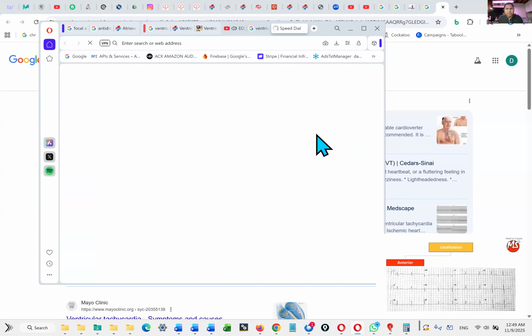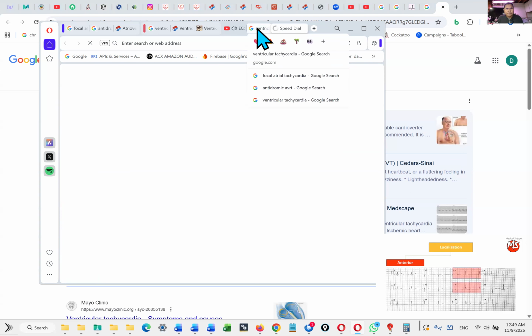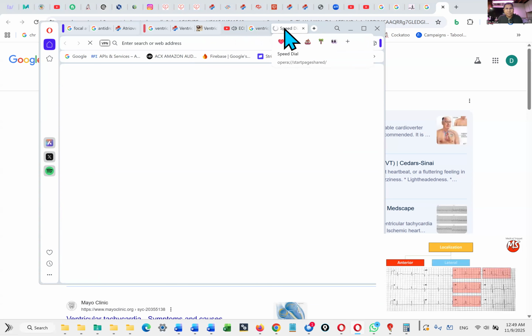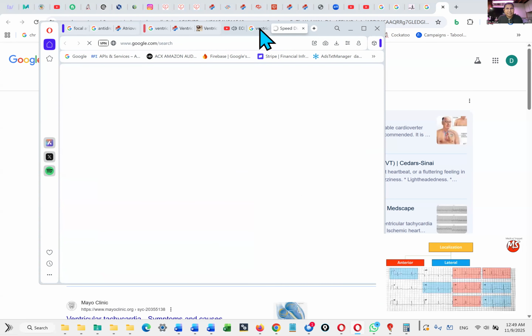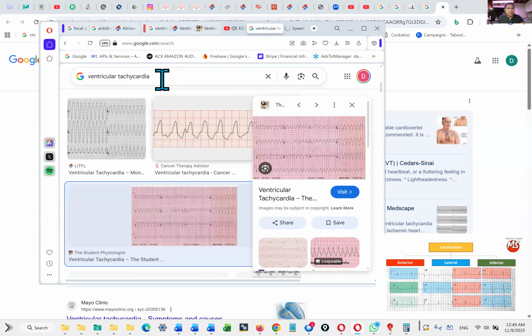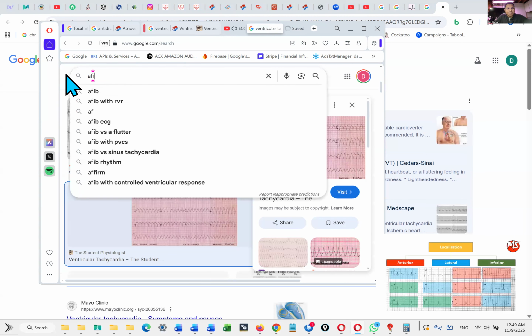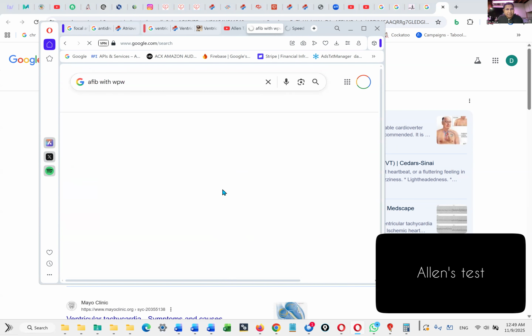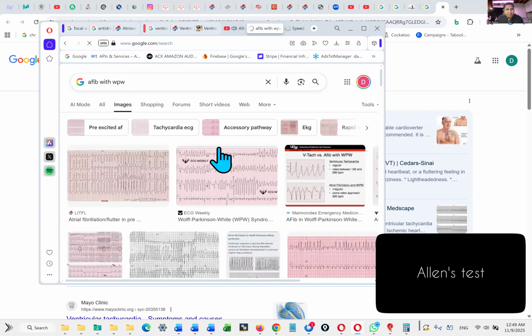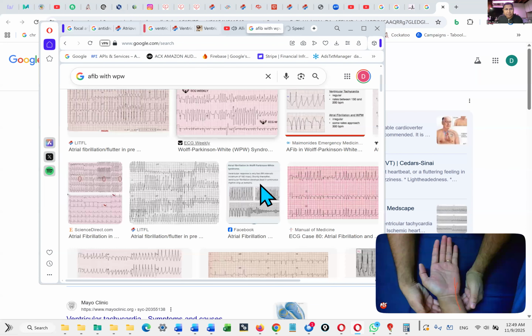I don't know why Google is so slow. I guess there are too many windows open or something. The computer has been trying to do an update for the last couple of days. It wants to open only one window at a time. Okay, so AFib with Wolff-Parkinson-White. Okay, there it is.